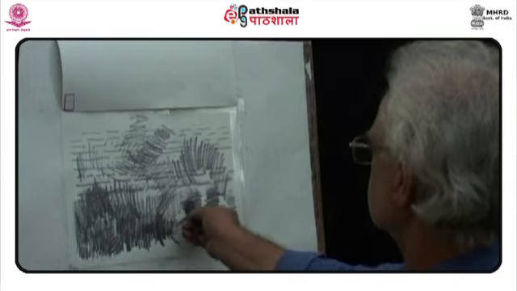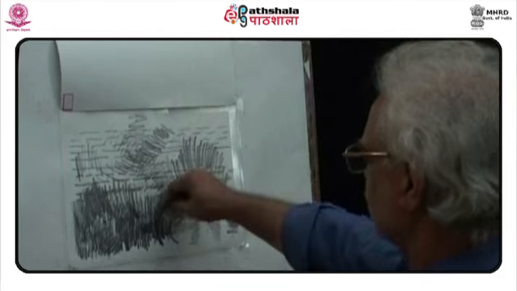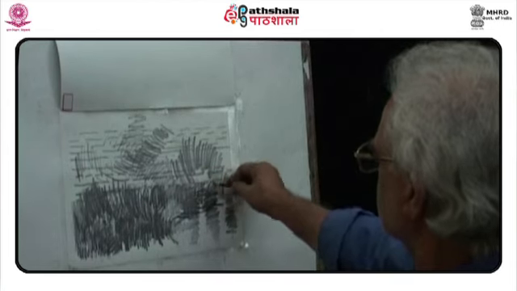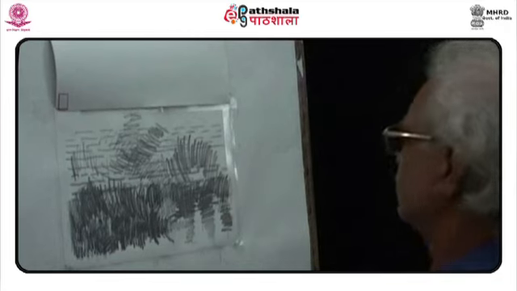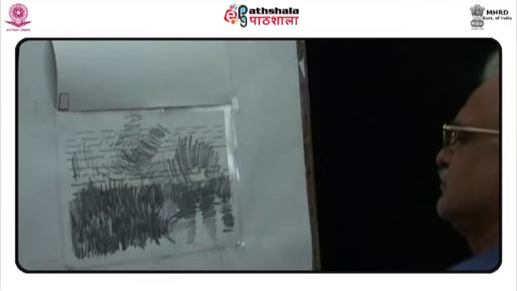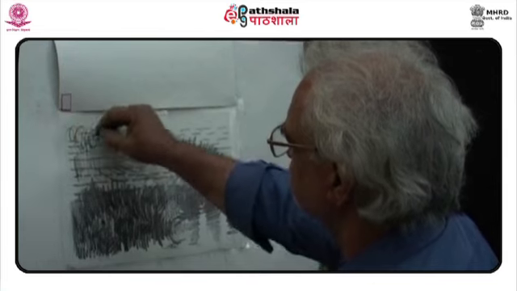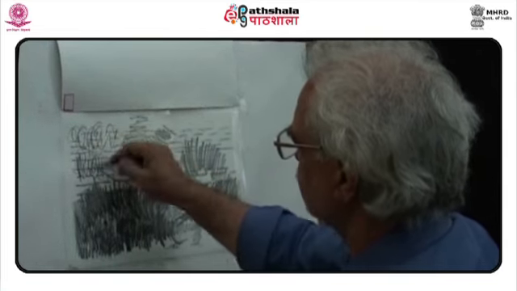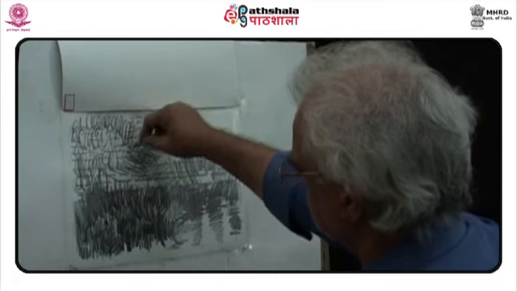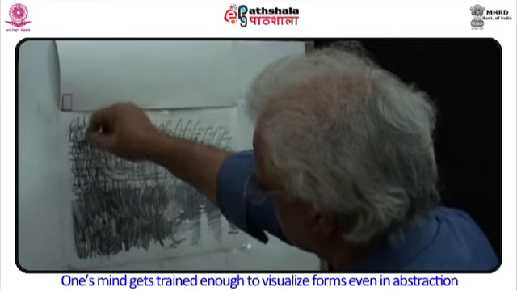Vision changes and one starts to look at things in different perspectives of chiaroscuro, reflections, movements, forms, scribbles, etc. Darkened areas support the light part and vice versa. One's mind gets trained enough to visualize forms even in abstraction.